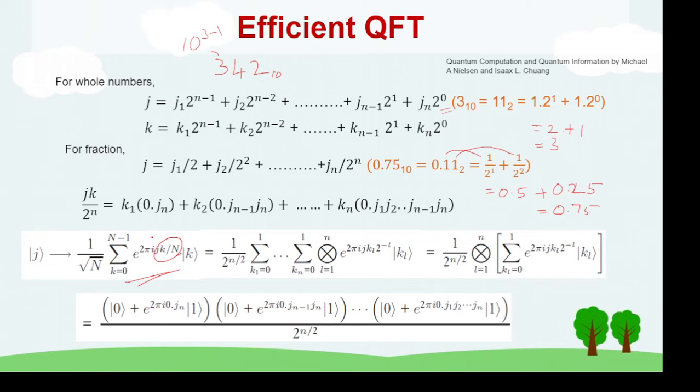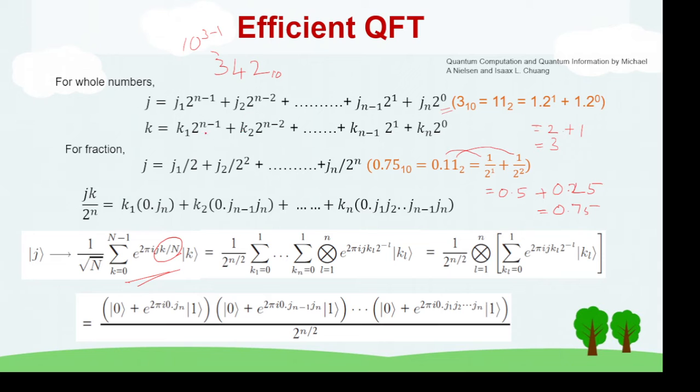We know that in a circle, or in a sine wave, if you go around 2 pi, you come back to the same place. So we are not interested in terms with whole numbers, only in terms with fractions.